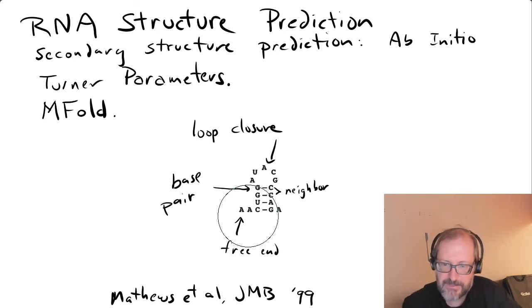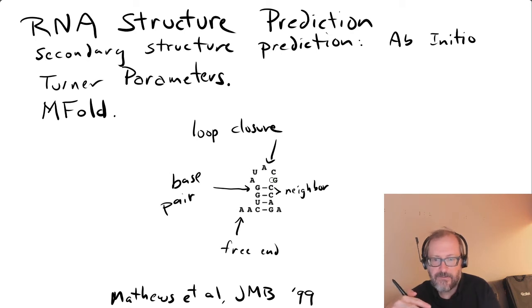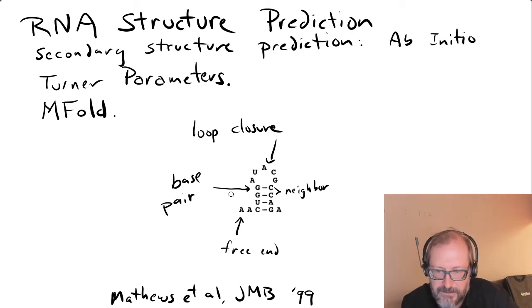And so what the Turner parameters tell you is things like, okay, how much energy is gained by forming a base pair, right? So this GC might give you some score. GC, as you know, is stronger than AU. So whatever score this gives you, you'd expect it to be higher than the score that you get for this UA, right?